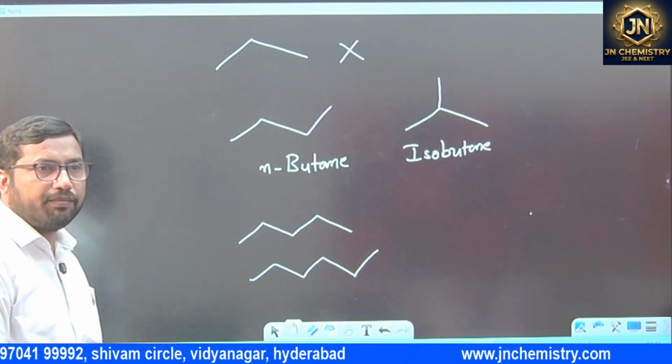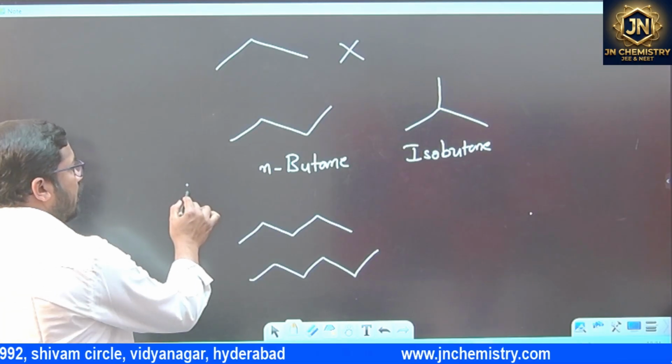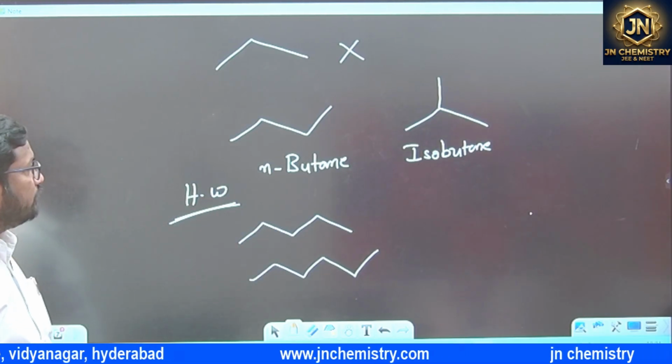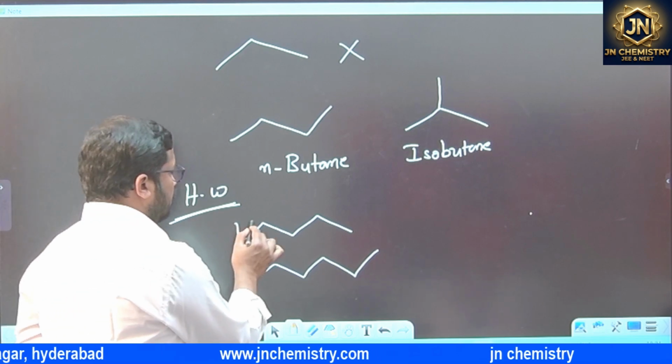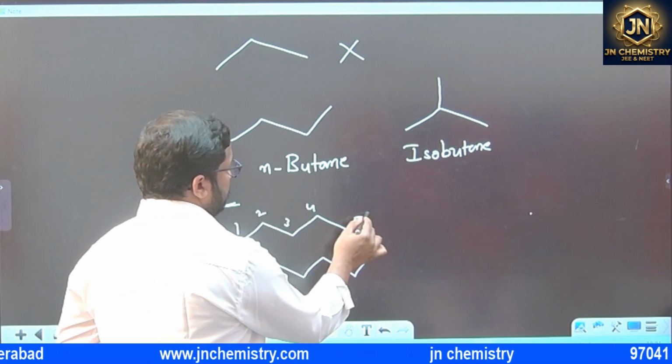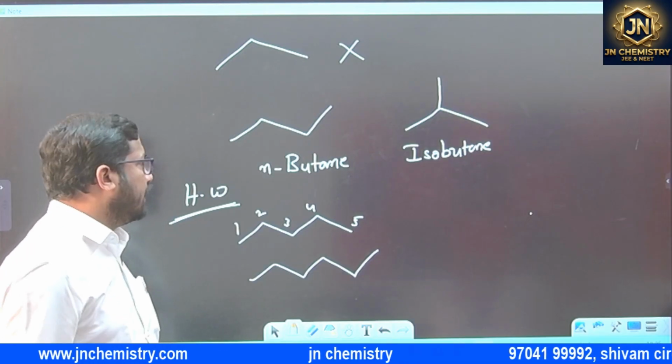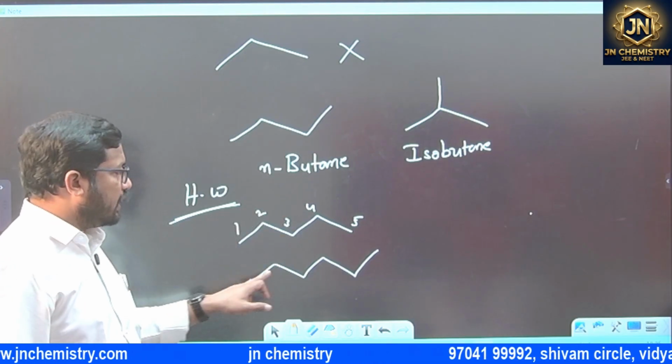Write the chain isomers of pentane as a homework, I already discussed this. This one is pentane, n-pentane. Whenever it's straight chain, we have to write n-butane, n-hexane.